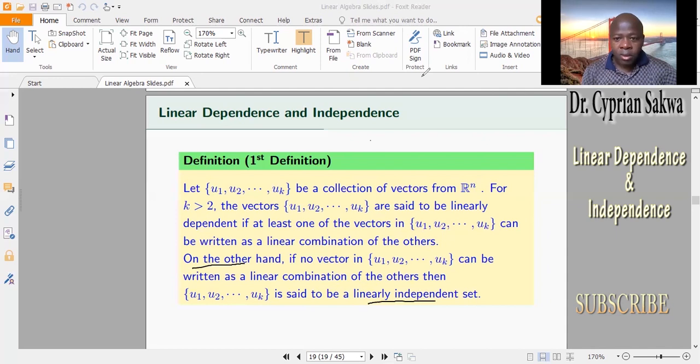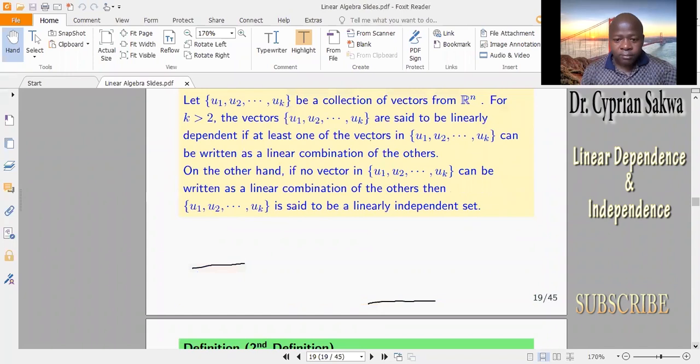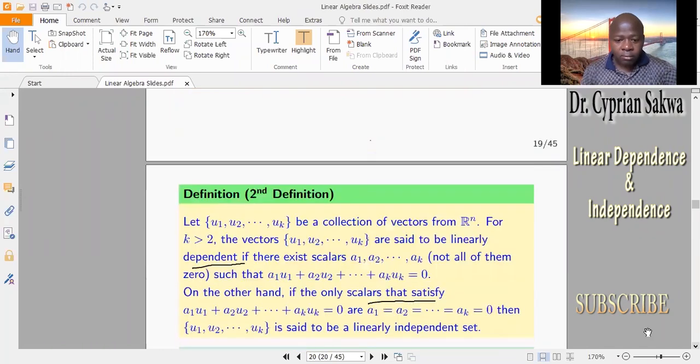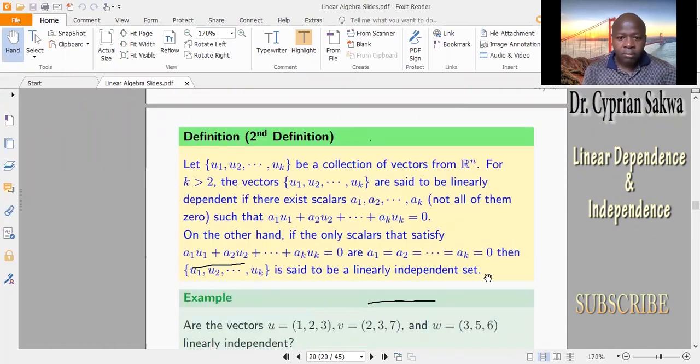So let's look at the second definition of linear dependence and linear independence. Let me just erase this first.